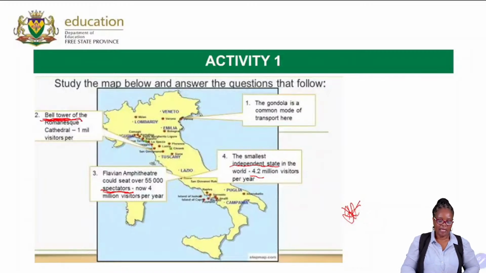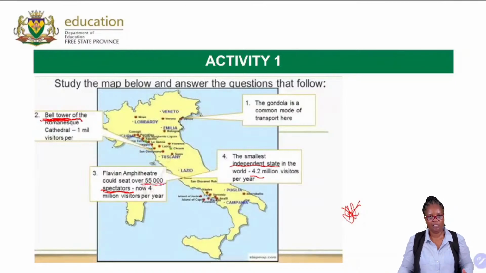The third one, you could see it's a Flavian amphitheater. Remember, we talked about it. It could seat over 55,000 spectators, and we have an idea also. This is the Colosseum. Remember, it is the one that was used for entertainment for the Roman people, for the Roman citizens. That's why here we are saying that we have 55,000 spectators. I said to you, have a clue.